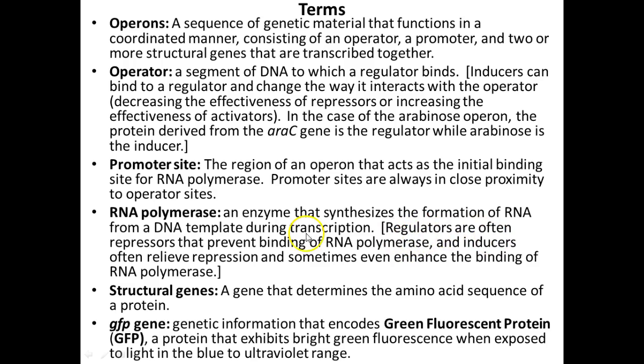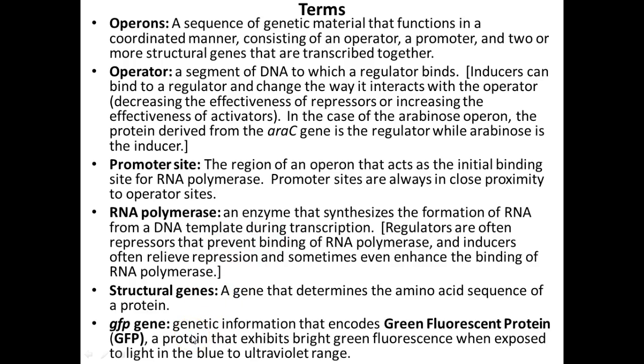Repressors often prevent the RNA polymerase from binding, whereas inducers often relieve this repression and sometimes even enhance the binding of RNA polymerase. The structural genes, as I said, are the amino acid sequence to make a protein, whether it be an enzyme to digest a sugar or maybe a protein that goes into the membrane to help bring in that sugar.